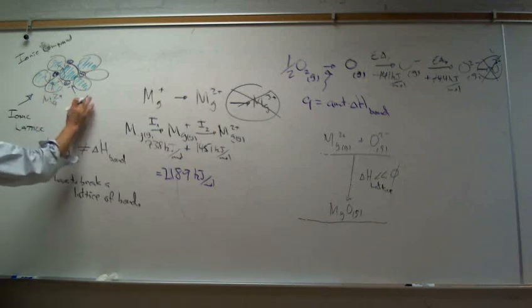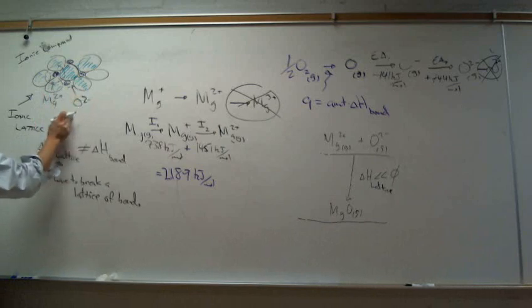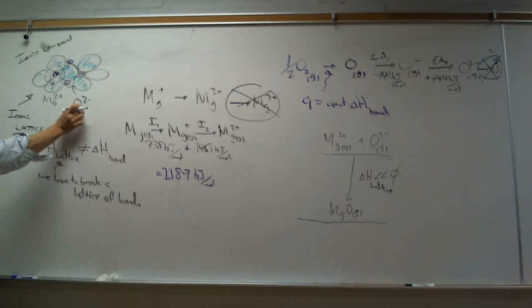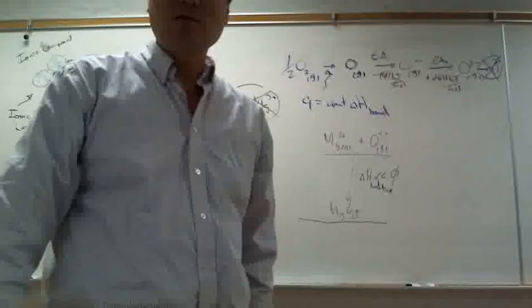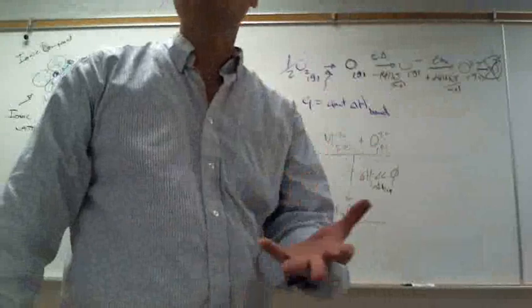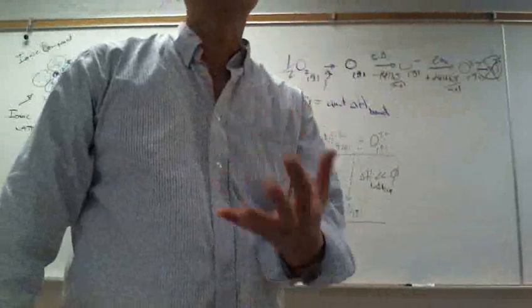Magnesium 2+ and oxide 2-. In other words, this becomes isoelectronic with neon, this becomes isoelectronic with neon, and we stop. It's not the stability of the octet. Some people say oxygen wants 2 electrons because it gets an octet, which is very stable. Is it? Really?